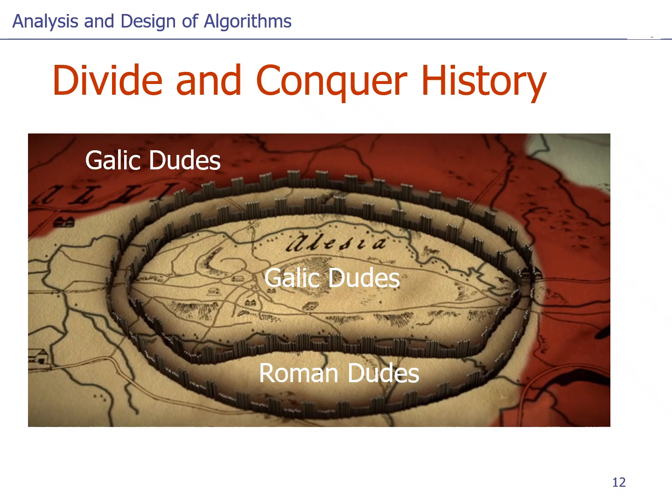So what happened is that, because he applied divide and conquer in such a smart way, he was able to defeat the inside Gallic army first, because they ran out of supplies. And they surrendered. When they surrendered, the outside guys were quite upset, and they felt that the Gallics were defeated. So some of them retreated to the countryside, and others tried to fight, but the Romans were fortified behind the outside walls.